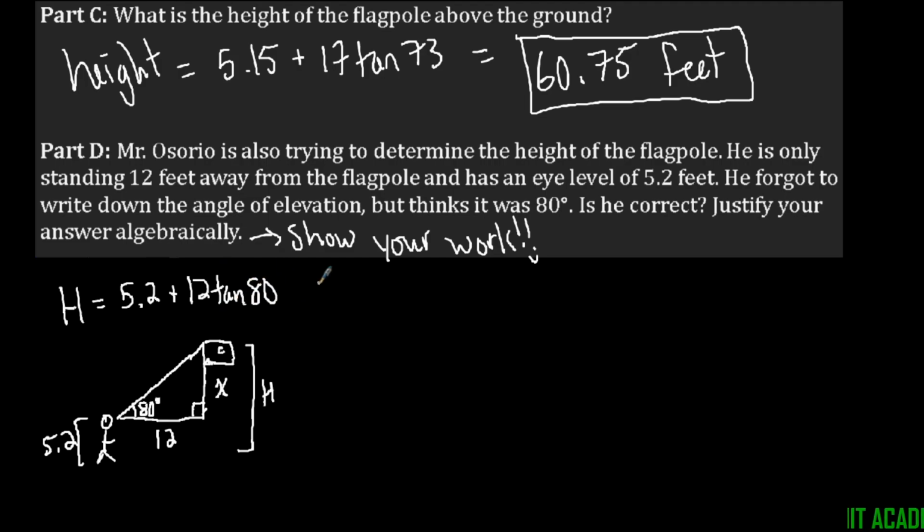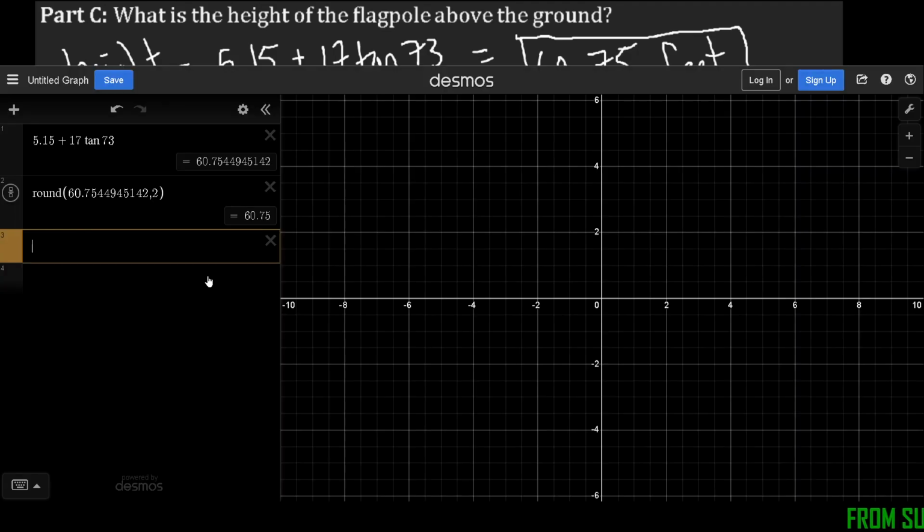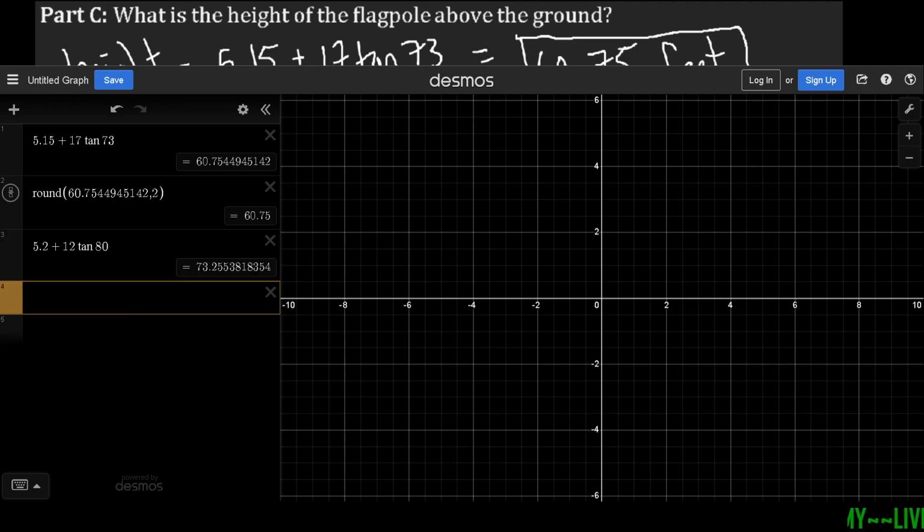So let's figure out what they have here. Let's pull up our calculator. And so now we're going to say, okay, new line here. So we have 5.2 plus 12 tangent of 80 gives us this amount. Again, we can round, parentheses, paste, comma 2.